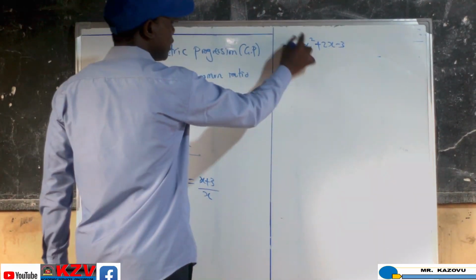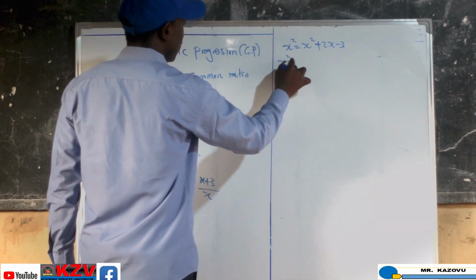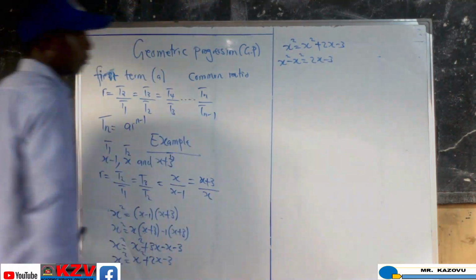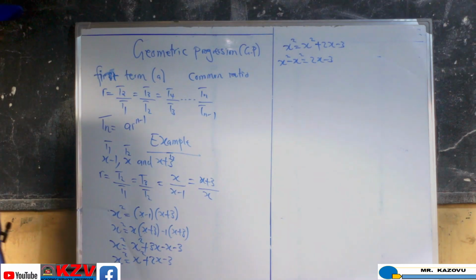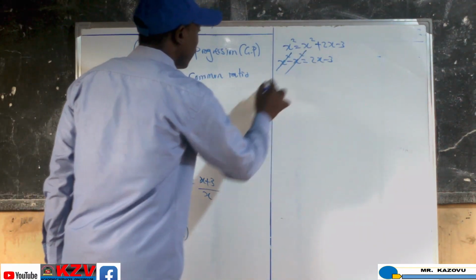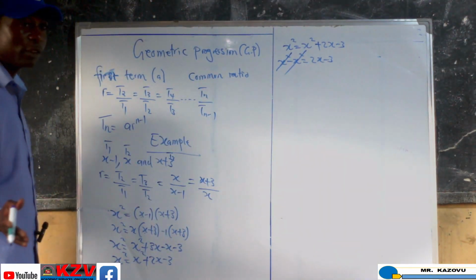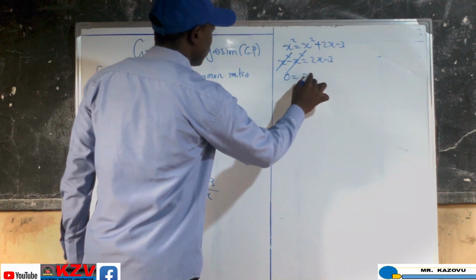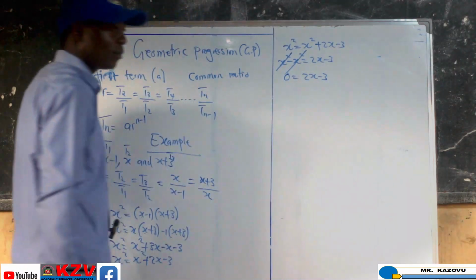If I take this one to this side, it means x squared minus x squared is equal to 2x minus 3. Now x squared minus x squared is 0. So 0 is equal to 2x minus 3.